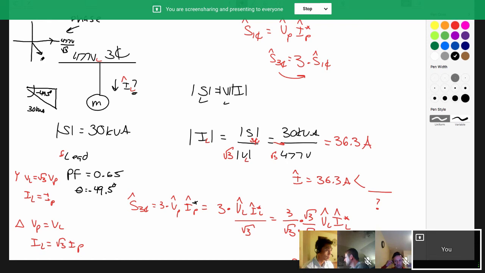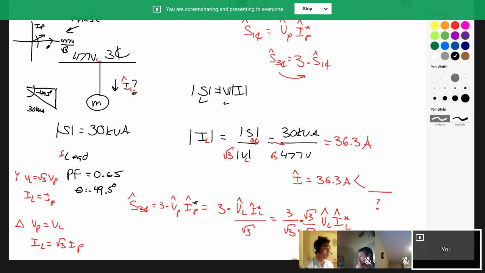This would be our phase current, which, if this was a Y system, would be equal to 36.3 amps, right? So this angle right here, oh, I got that backwards. Our phase current would be up here.